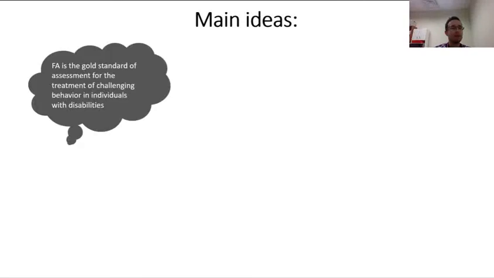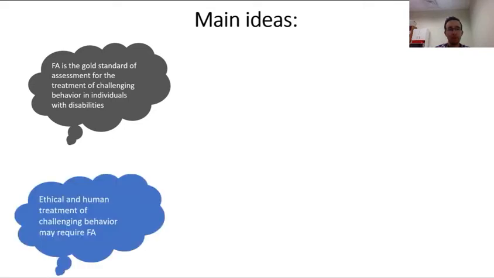So the main ideas in this unit are that functional analysis is the gold standard of assessment for the treatment of challenging behavior in individuals with disabilities. And I should even further clarify, it's the gold standard of assessment for developing treatments for challenging behavior in individuals with disability. And indeed, the ethical and humane treatment of challenging behavior may require a functional analysis.